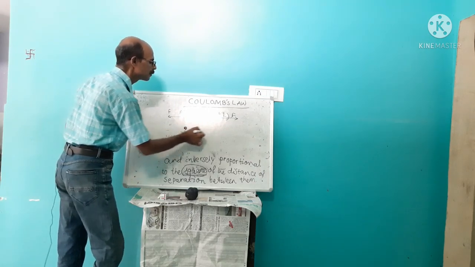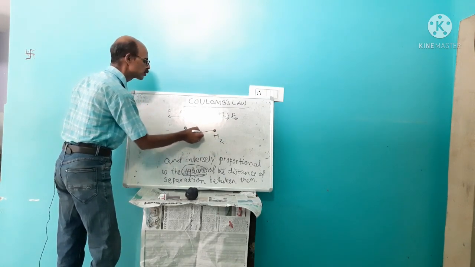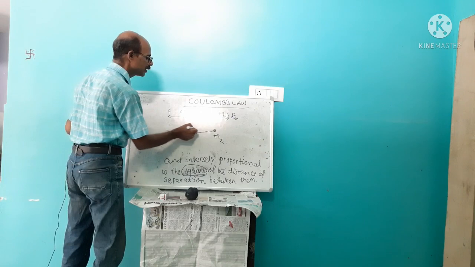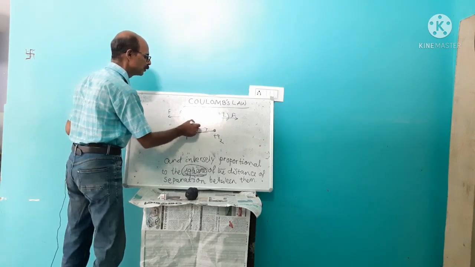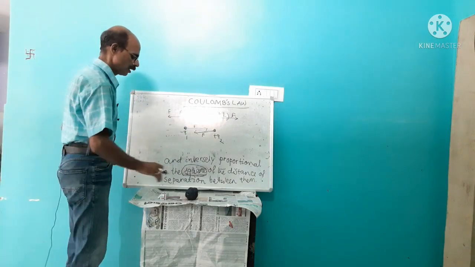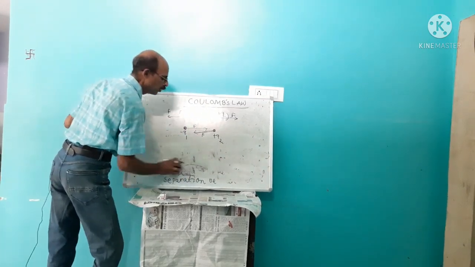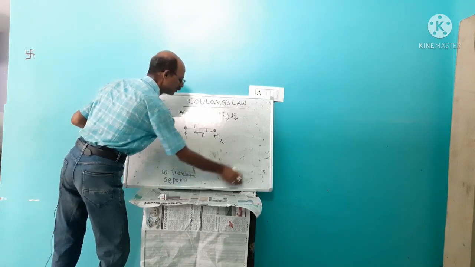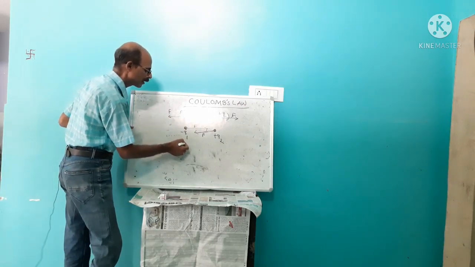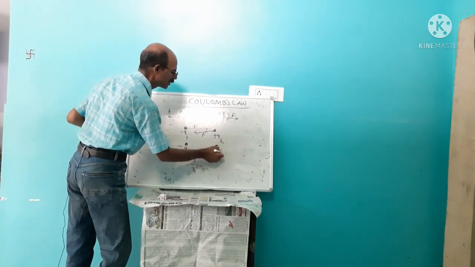If these are opposite charges, suppose this is minus q1 and this is plus q2, then there will be a force of attraction. q2 will be attracted towards q1 and q1 will be attracted towards q2. Force of interaction is again F and distance of separation is again d. The same thing happens when both are negative charges; then also the force of repulsion occurs.